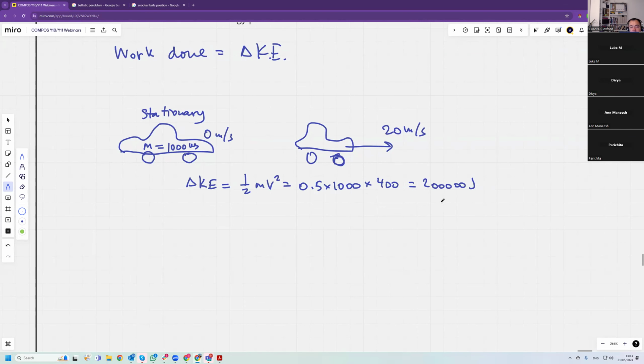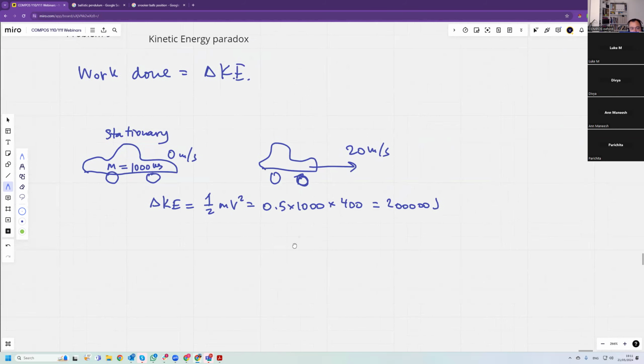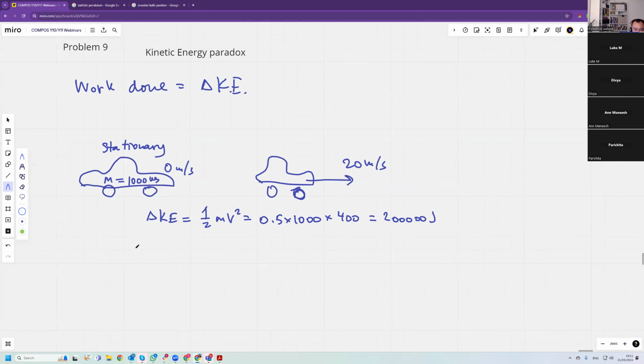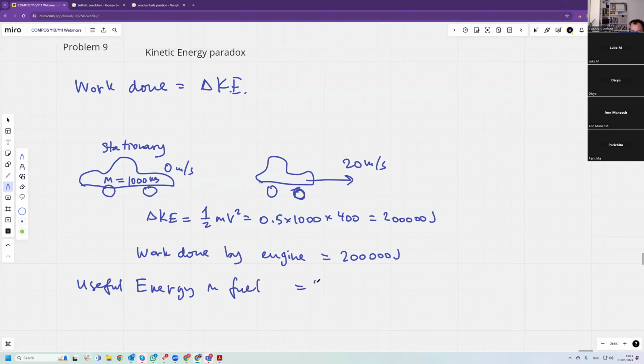Okay. Lovely. So the work done by the engine is 200,000 joules. So the energy in the fuel is 200,000 joules, right? Because that's where the energy is coming from.